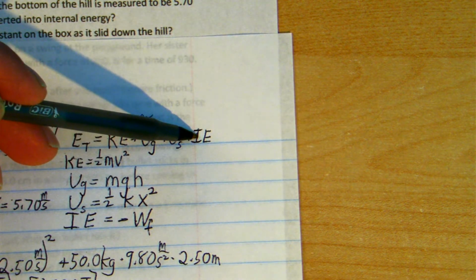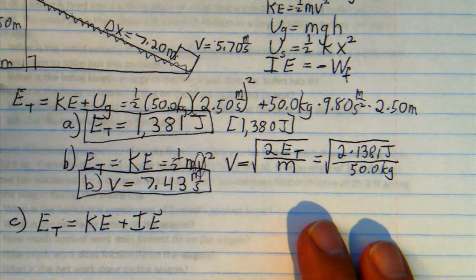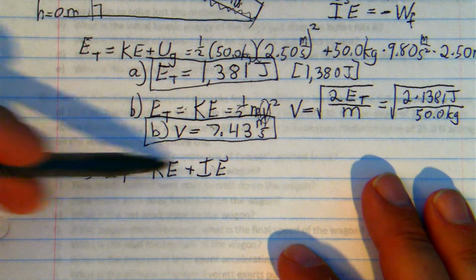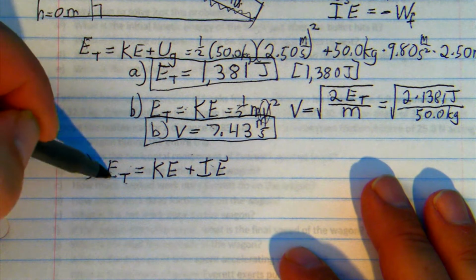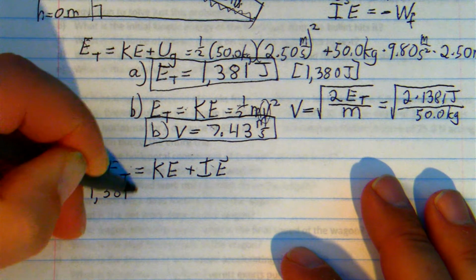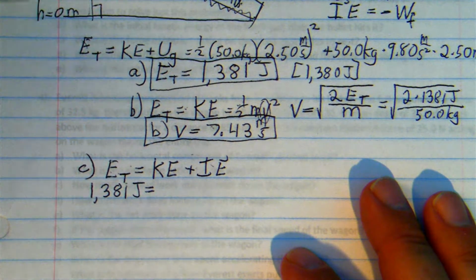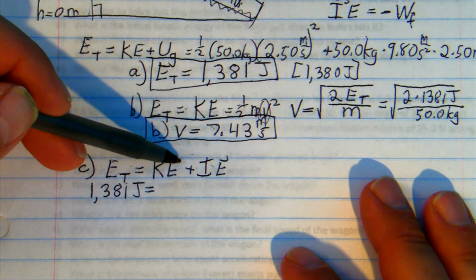There is friction, so it has internal energy. The conservation of energy says all the energy present at the beginning of the problem, 1,380 joules, is equal to the sum of all the energy at any point in the problem.